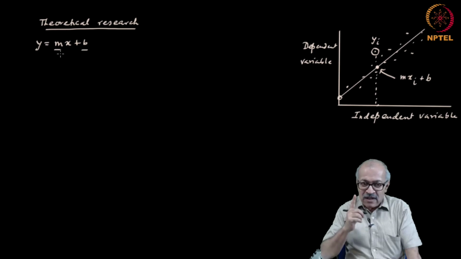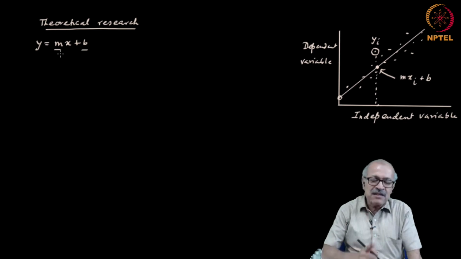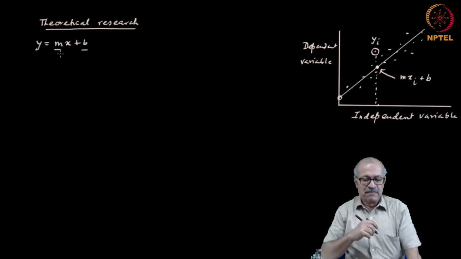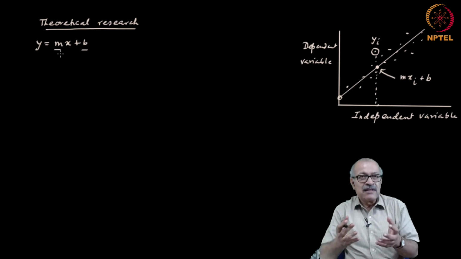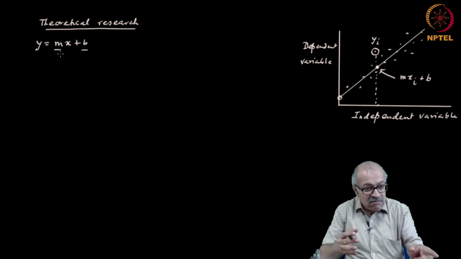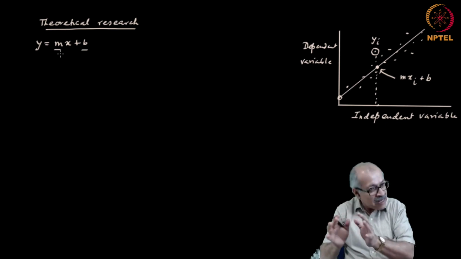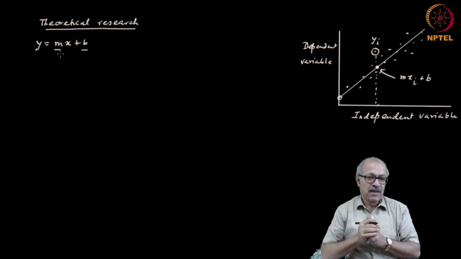So, we have obtained the estimated value of m, but there has to be an error bar stated with m, and there has to be an error bar stated with b. So, from the data we also have to obtain the standard error in m and the standard error in b. Without that, the scientific enterprise of estimating the straight line fit is not complete.